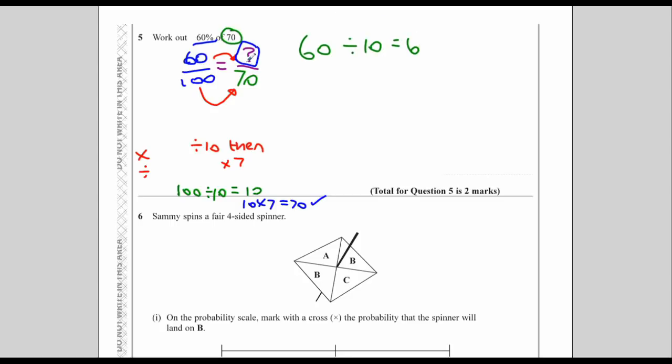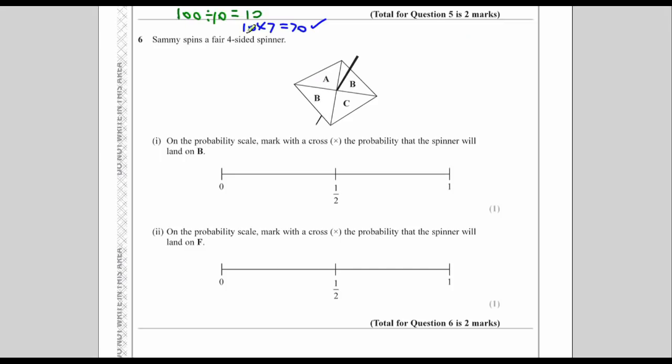Then you have to times by 7. So 6 times by 7. Remember we said before, 7 times 5 is 35. Add on another 7, you've got 42. If you know your times tables, this paper is going to be much easier. So get learning them.